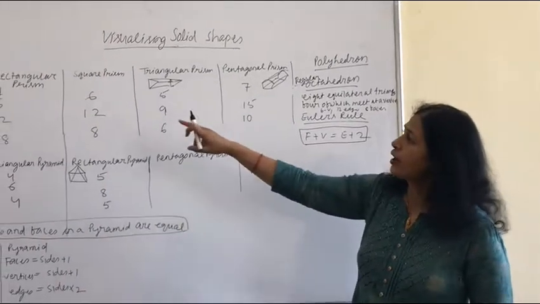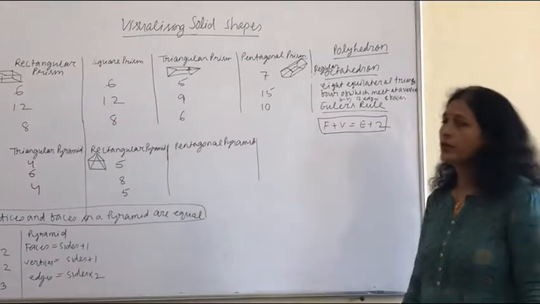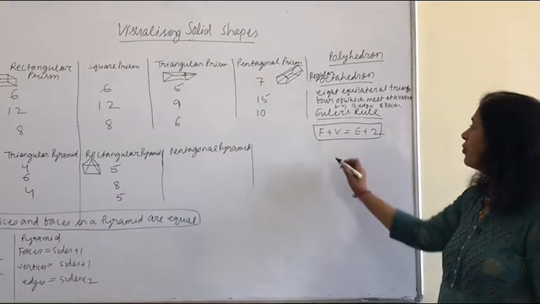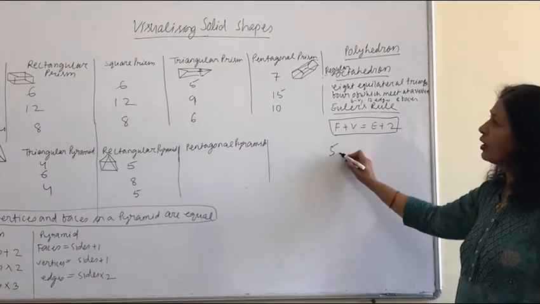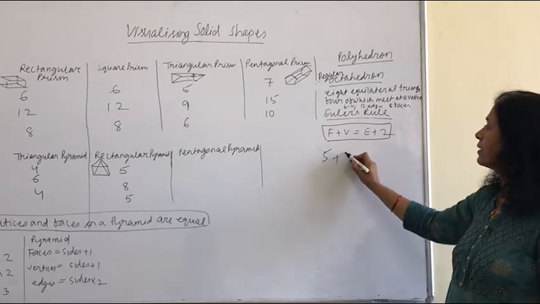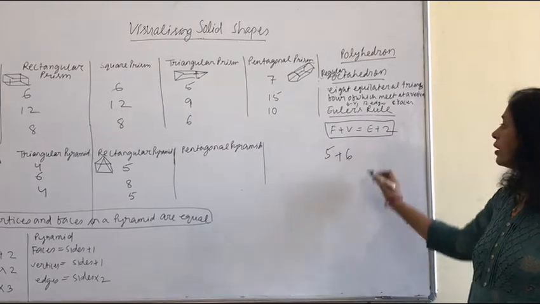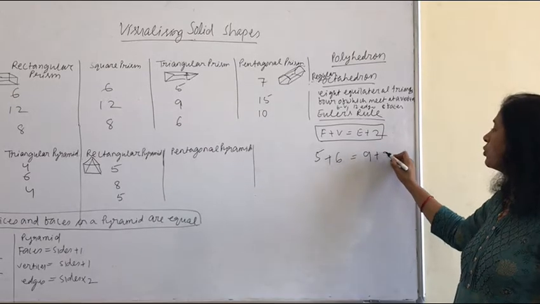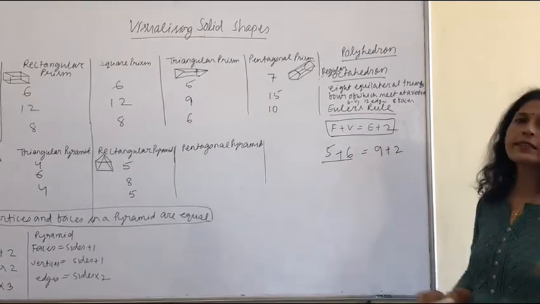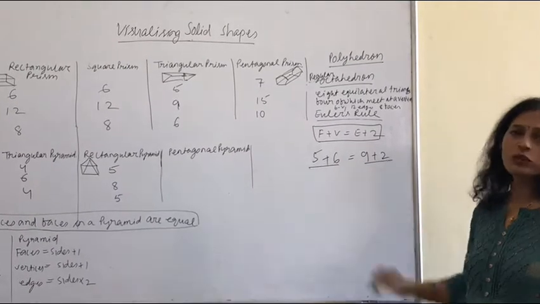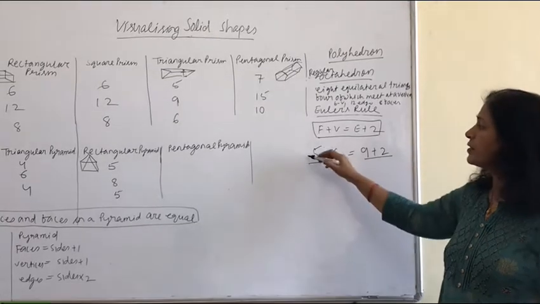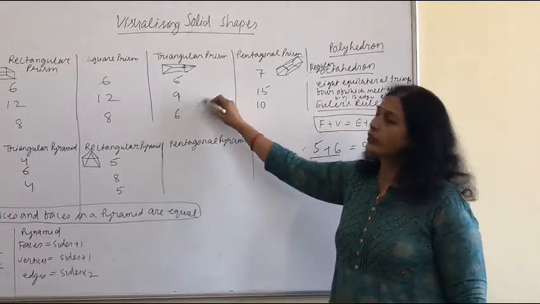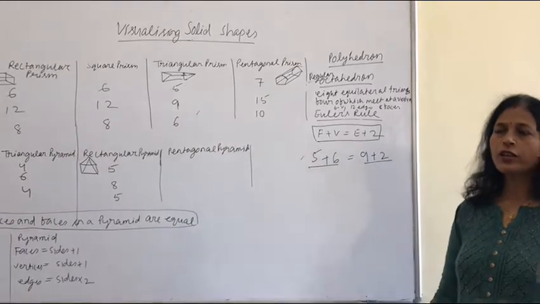Suppose in the case of a triangular prism, faces is 5 plus vertices is 6, is equal to edges, which is 9, plus 2. Here 5 plus 6 is 11 and 9 plus 2 is also 11. That means this is satisfied. This is also correct. This is Euler's rule.